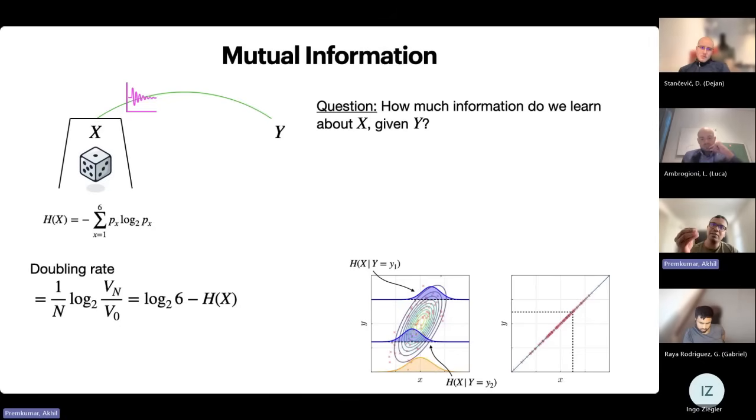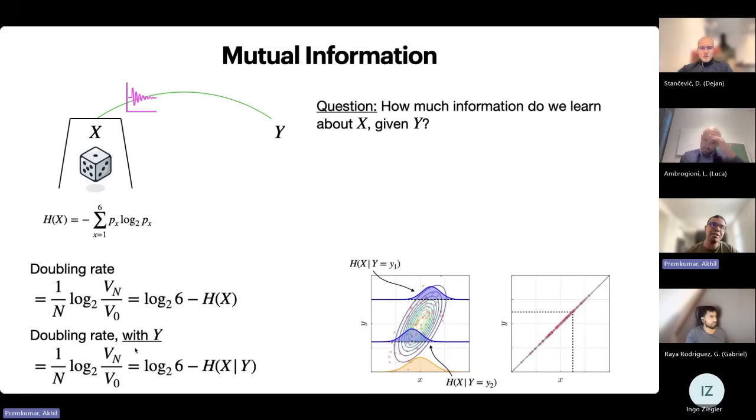In other words, H(X), the entropy of this orange curve, gets replaced by the conditional entropy given the measurement. On average, these curves are narrower than the marginal, and therefore you have some information edge. All you need to do to find the new doubling rate with Y is replace H(X) with H(X given Y).